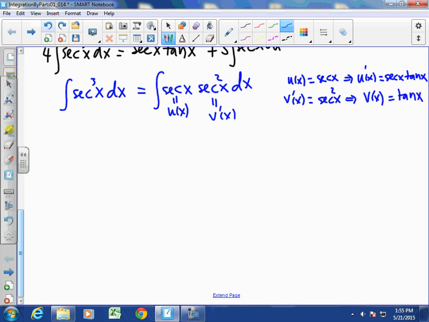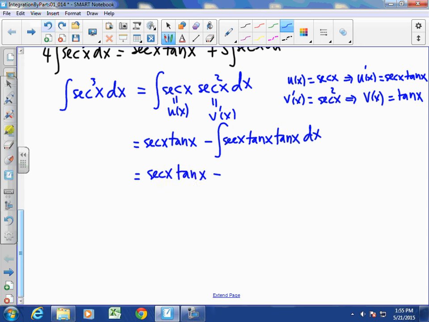So that means this is secant x tangent x minus the integral of secant x tangent x times tangent x dx, that is tangent square x. So this is secant x tangent x minus the integral of secant x tangent square x dx.